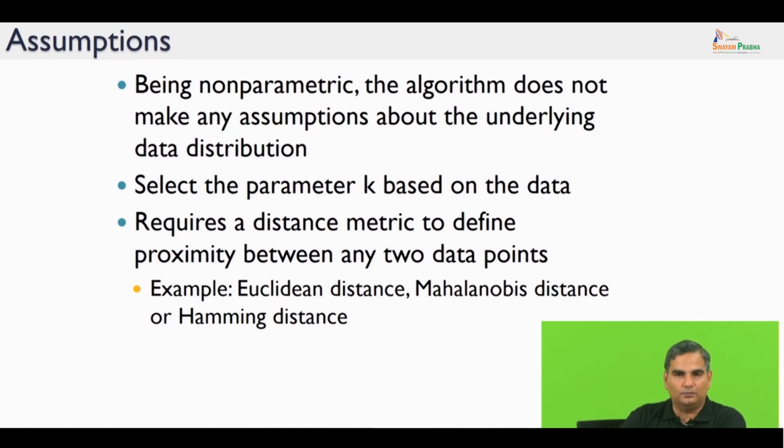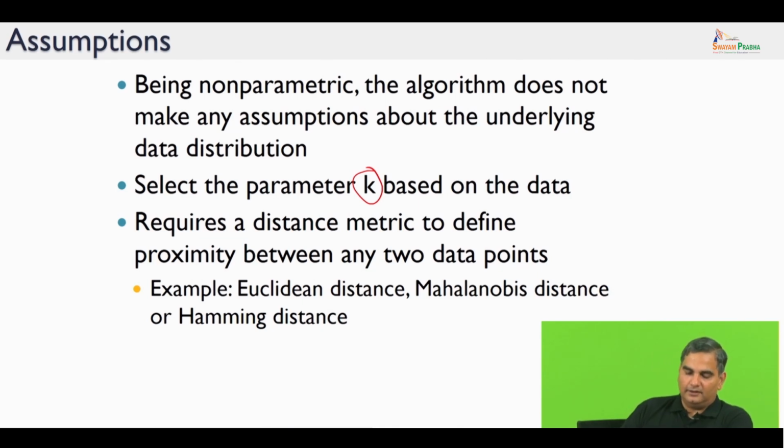So we are not going to assume a probability distribution or any linear separability assumptions and so on. As I mentioned before, this k, the number of neighbors we are going to look at, is a tuning parameter, and this is something that you select. So you use a tuning parameter, run your algorithm and if you get good results, then keep that parameter. If not, you play around with it and find the best k for your data.